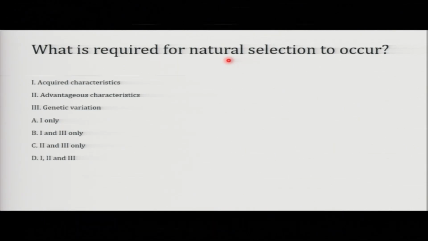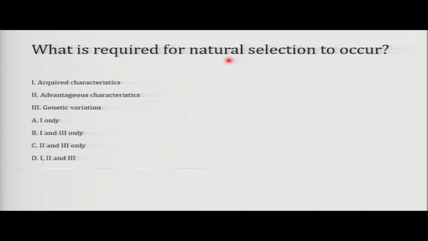If antibiotic-resistant bacteria are to form, where are we going to get them from? What do we need to have around? So one, acquired characteristics. We must look at these 3 components put together: acquired characteristics, advantageous characteristics, and genetic variation.